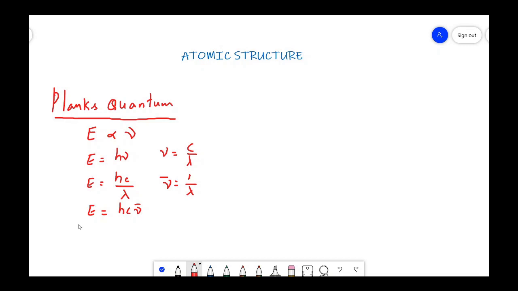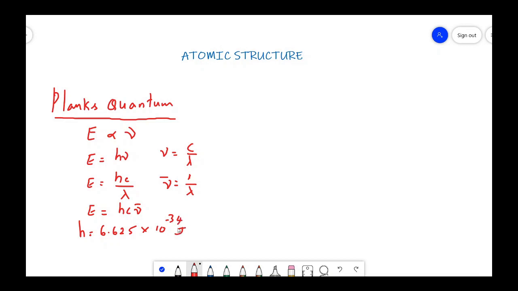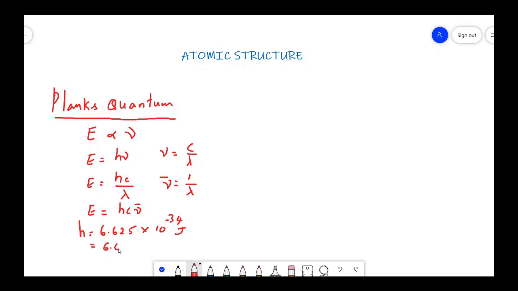And next, the value of h is 6.625 into 10 to the power of minus 34, and the units are joules. The same value we can also have as 6.625 into 10 to the power of minus 27 erg.